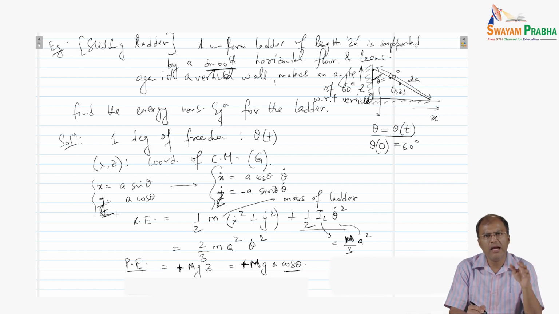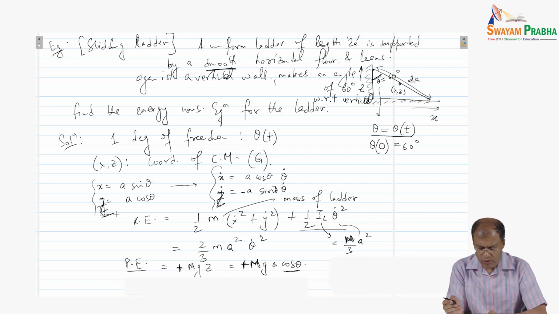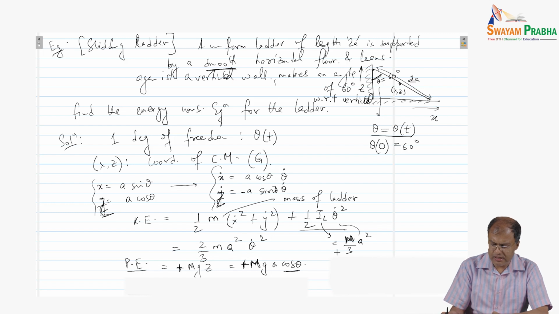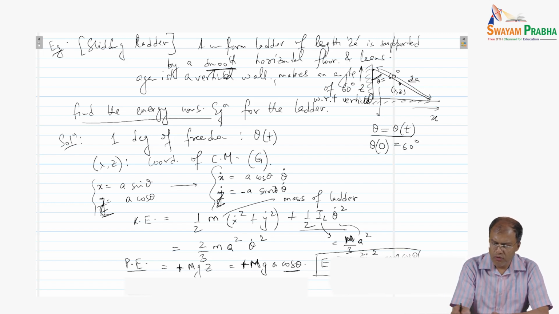Sometimes the math takes care of the sign conventions itself, as we shall see. So this is the total potential energy and the total kinetic energy. So the total energy of the system is E equals 2 by 3 m a square theta dot square plus mga cos theta. So that is the total energy of the system, and I think that is what we want.